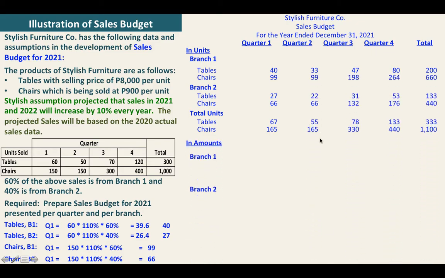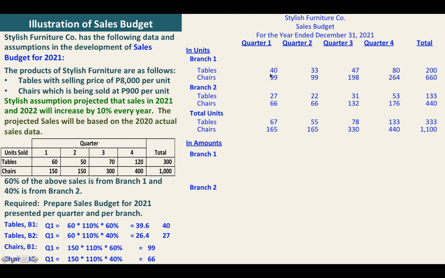Okay, so now we are done with the sales budget in units. The company should also prepare a sales budget in amounts, because the company definitely would like to know how much sales will be generated in terms of amount.